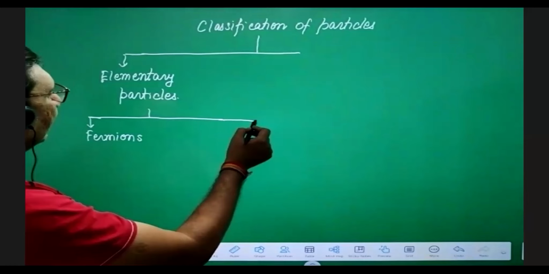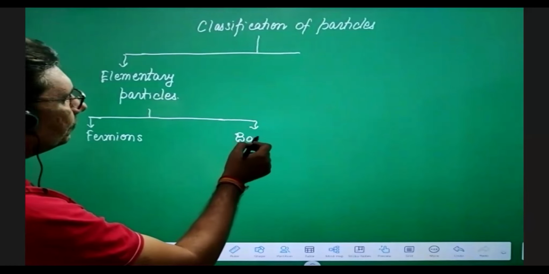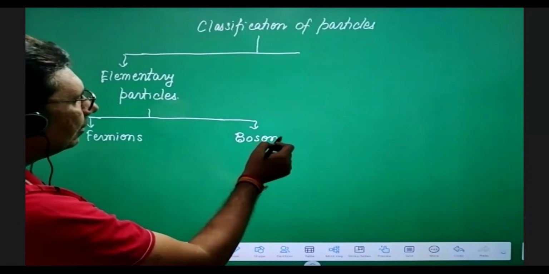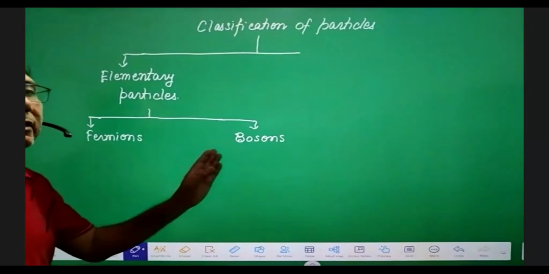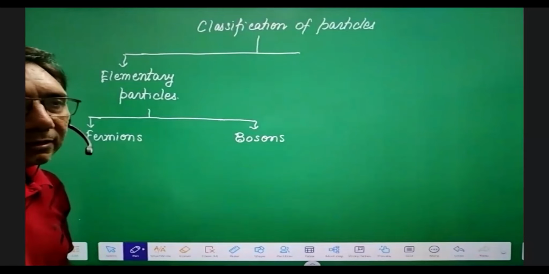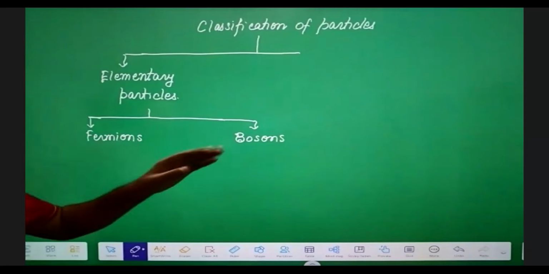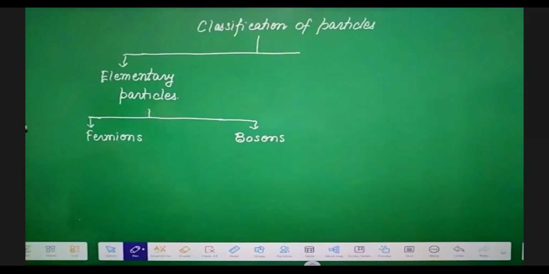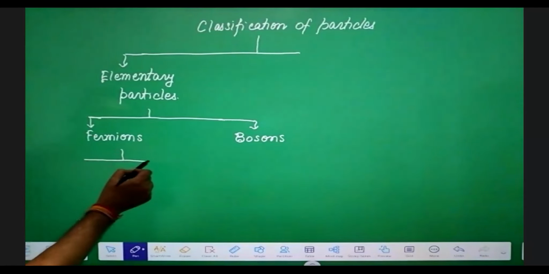And the other type of elementary particles are bosons. Bosons are those particles which have integer spin, like 0, 1, 2. So elementary particles are of two types, fermions and bosons. In fermions, two categories are there.